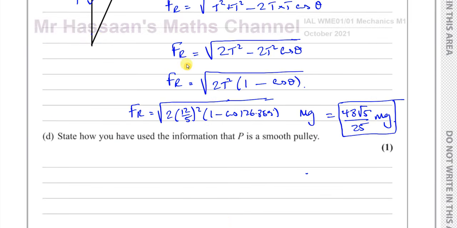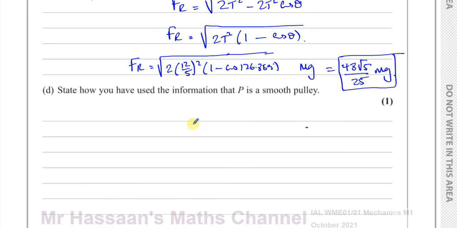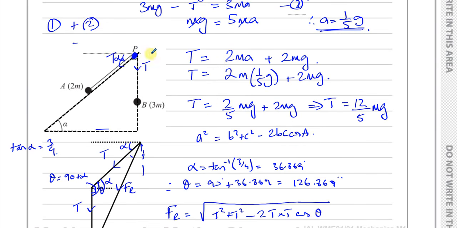Now for part D, it says state how you have used the information that P is a smooth pulley. I think I already mentioned that when we said that these two tensions are equal to each other. They are equal because this is a smooth pulley, and the tension on either side of the pulley in the string will be the same.